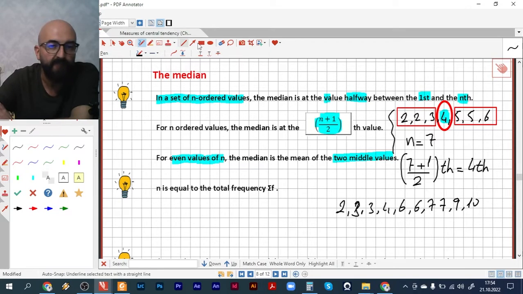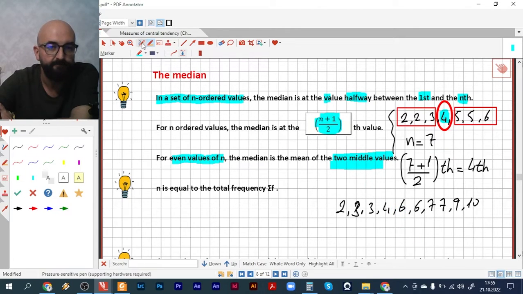If we have 10 values and we want to compute the median, we should find the mean of the two middle values.